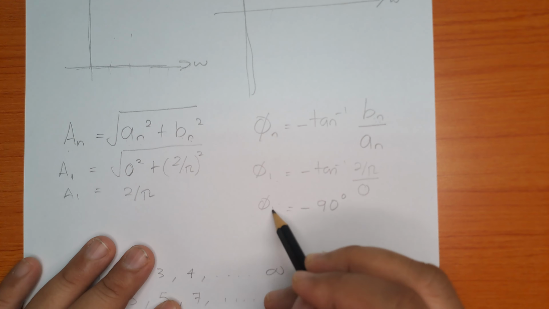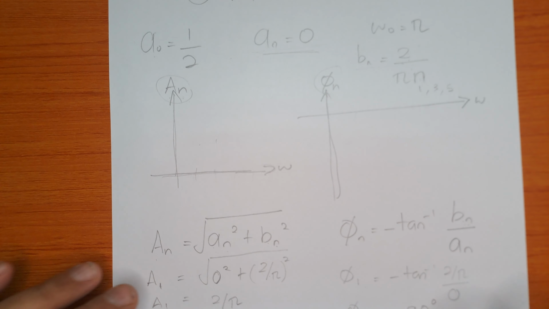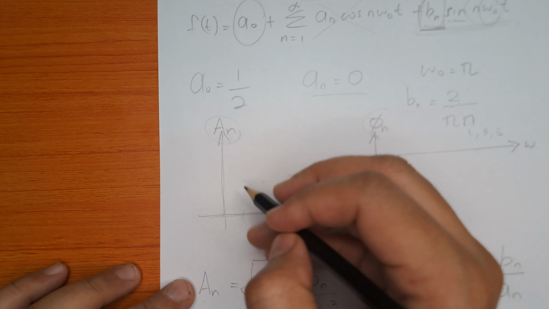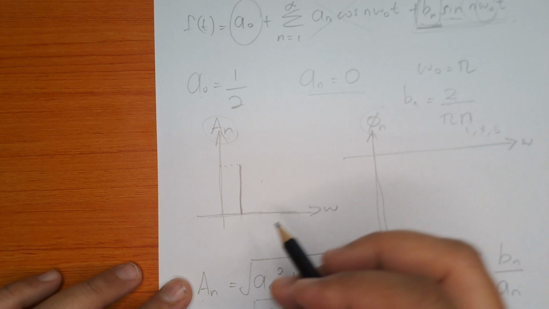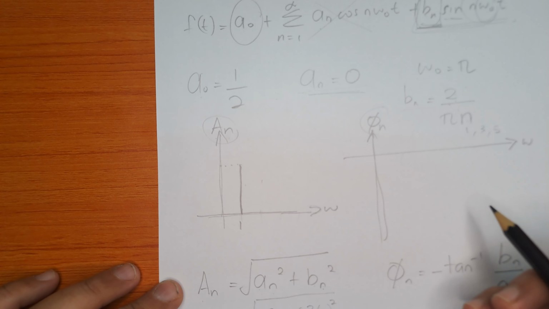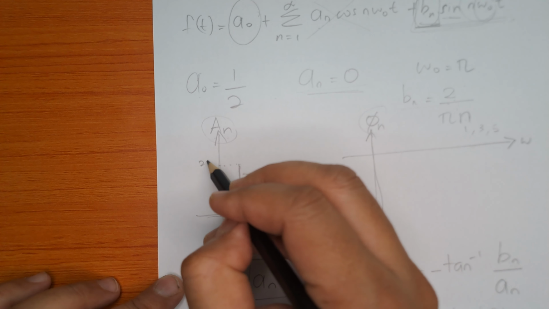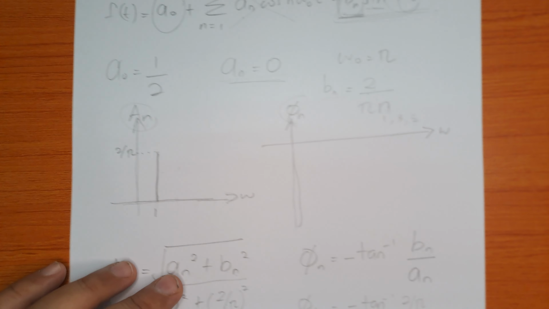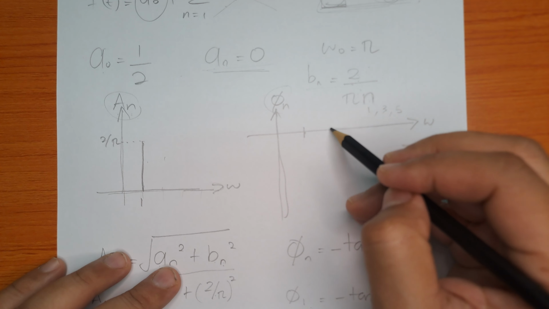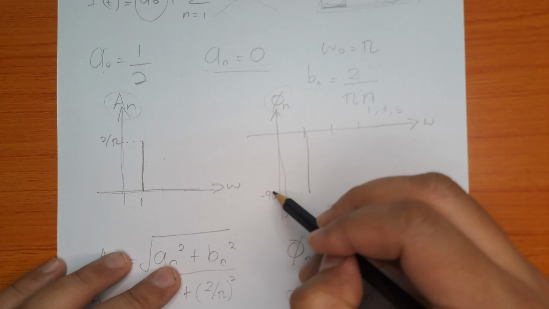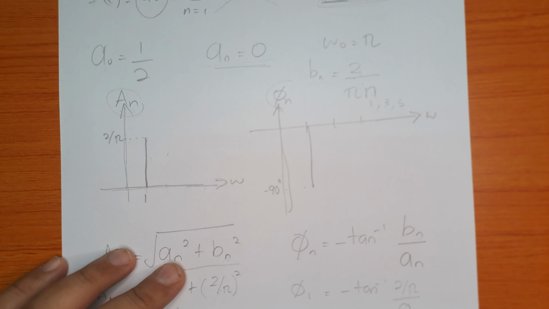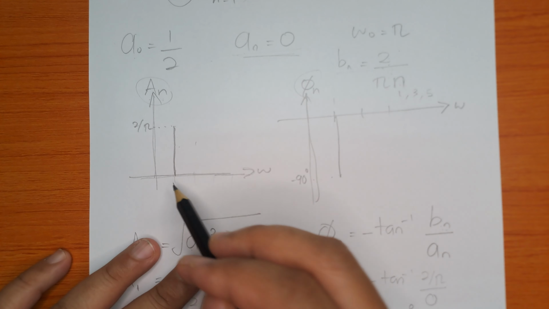This is for the first phi. Now once you have this value, you can plot the first line. This one is 2 over pi, and for the phi it is negative 90 degrees. So this is for the first term.